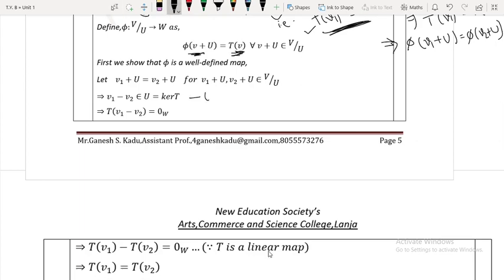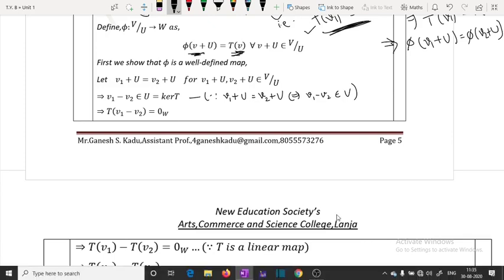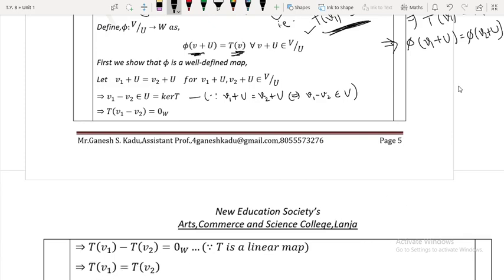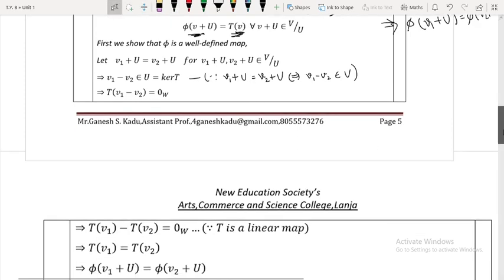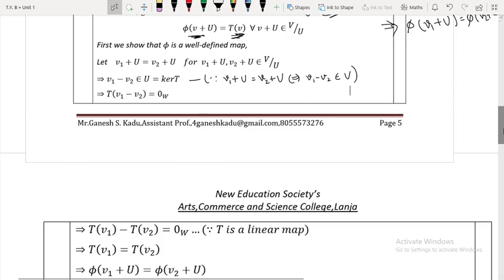Since v1 plus u is equal to v2 plus u if and only if v1 minus v2 belongs to u, that result we have used. Therefore T of v1 will be equal to T of v2, and therefore phi of v1 plus u will be equal to phi of v2 plus u, and therefore phi is a well-defined map.